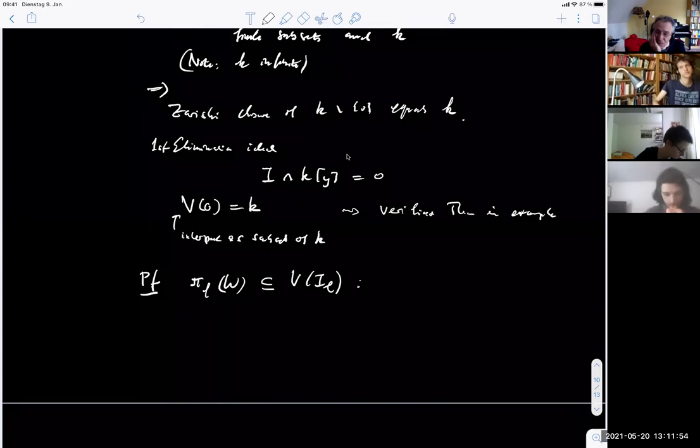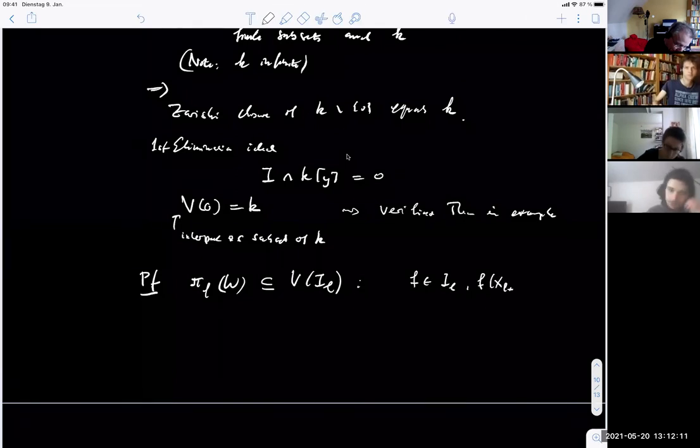I claim it should be clear, but maybe I need, next, what do I take? I take a polynomial in I_L. So this polynomial only depends, maybe I can write it in a suggestive way, depends on these variables. The first L do not occur, okay?